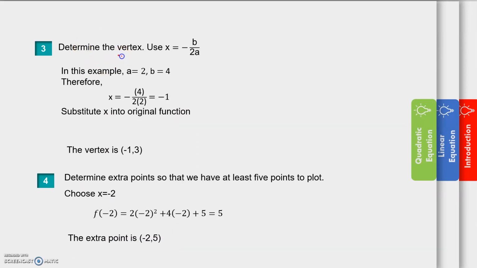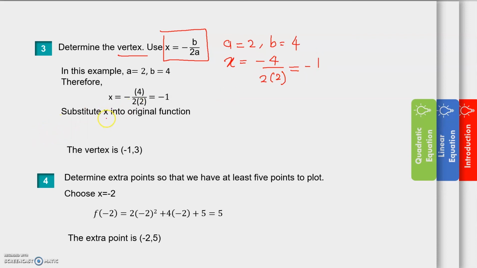Step number 3 is to determine the vertex. We can use the vertex formula, which is x equal to negative b divided by 2a. In our case, the a value is equal to 2 and the b value is equal to 4. So x here equals negative 4 divided by 2 times 2, and we get the answer equal to negative 1.